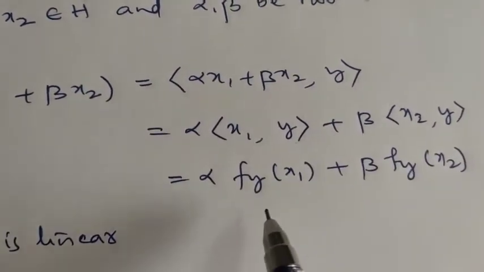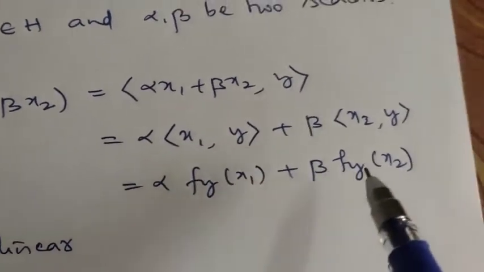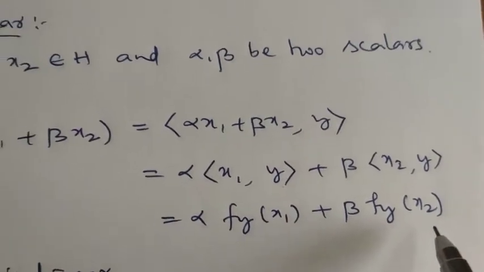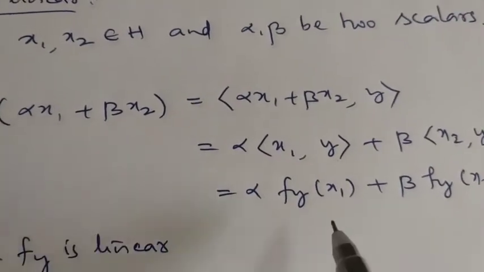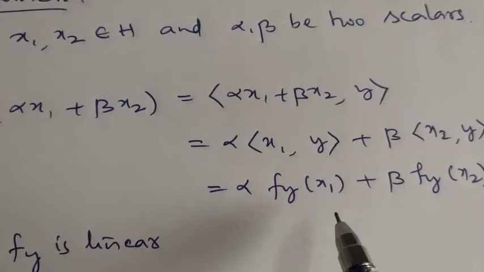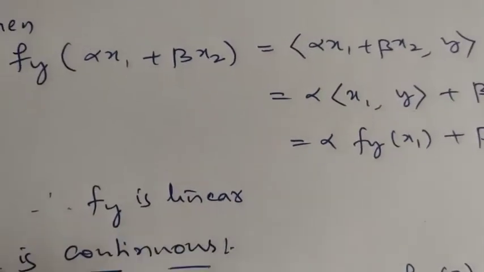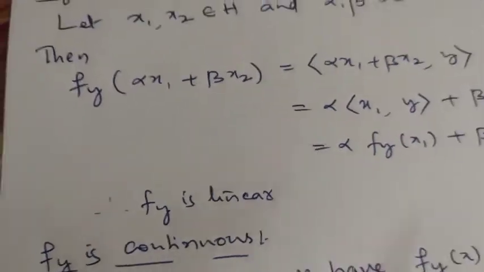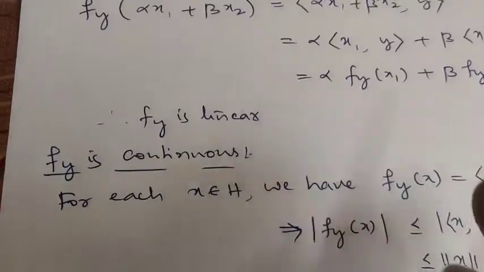So this is alpha times Fy of x1 plus beta times Fy of x2. Therefore Fy is linear. First condition proved.